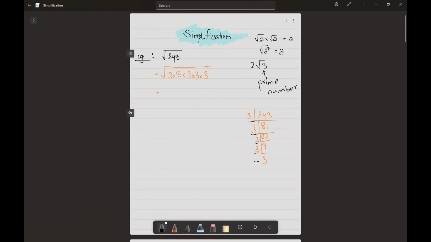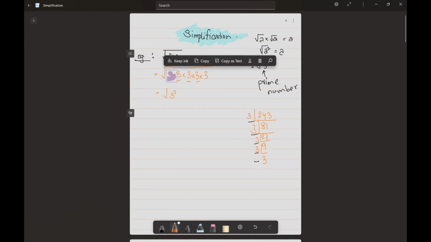We are going to find out the pairs that make up the squares. So we have 3 and 3. So we can write this as root over these two 3's make up 1 3 square. And then these two 3's, these two make up a pair.